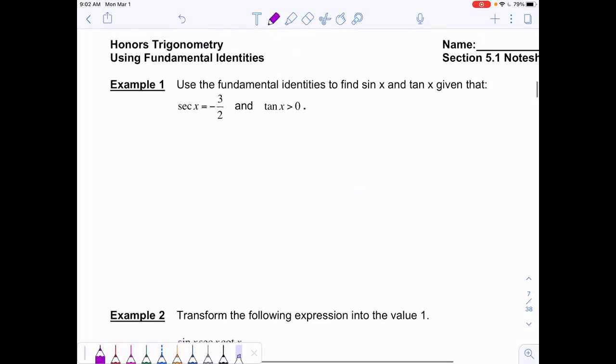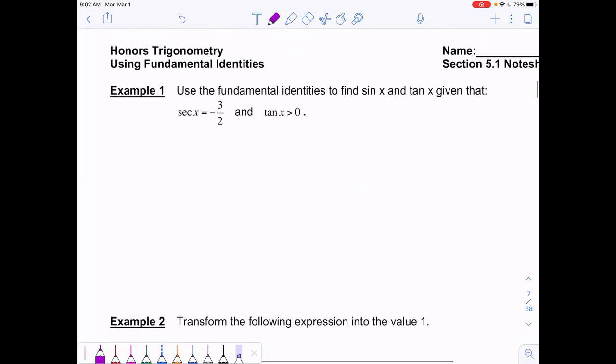But we're going to first look at the information that's given here. It says use the fundamental identities to find sine and tangent, given that the secant is equal to -3/2 and the tangent is bigger than 0. So we want to try and find the sine and the tangent using the fundamental trig identities. So that's key there. We want to try and use those identities.